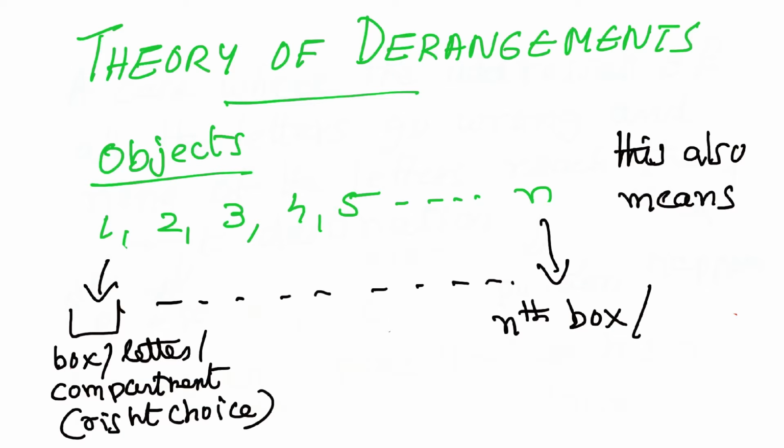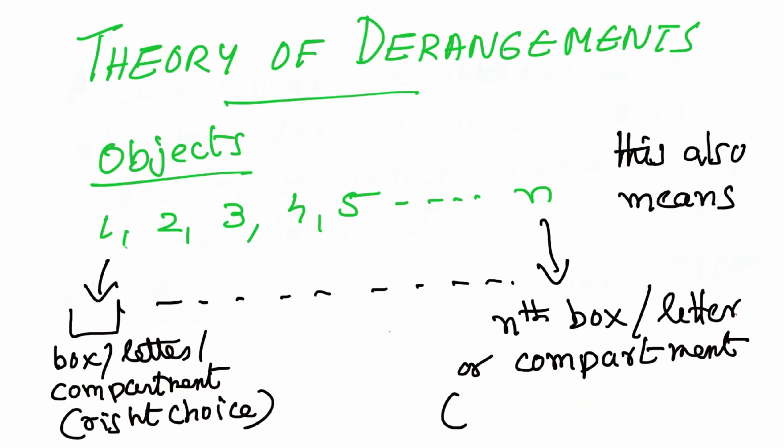So the nth means the nth box, or the nth letter, or the nth placement, something like the nth compartment. And so derangement basically means when the placements are totally not rightly done.